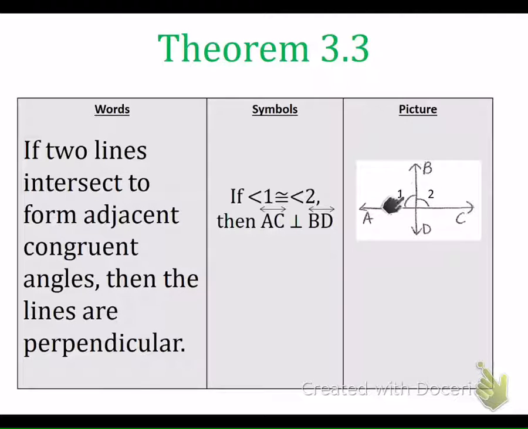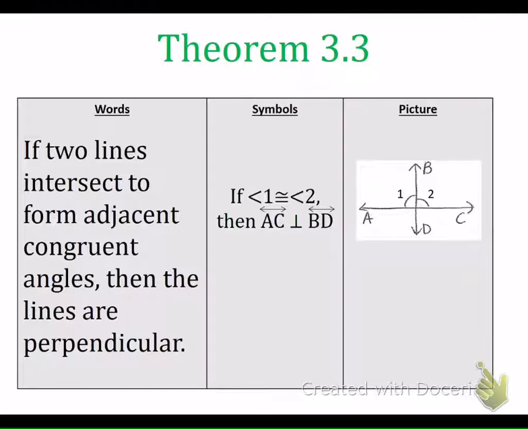If those angles are congruent, that means that they form a straight angle, so they add to 180, and they're the same. Well, what's the only way you can add to 180 and be the same? 90 and 90. So that's why we're saying that these lines would have to be perpendicular if those angles are congruent, because they'd both have to be 90 since they're a linear pair, essentially.